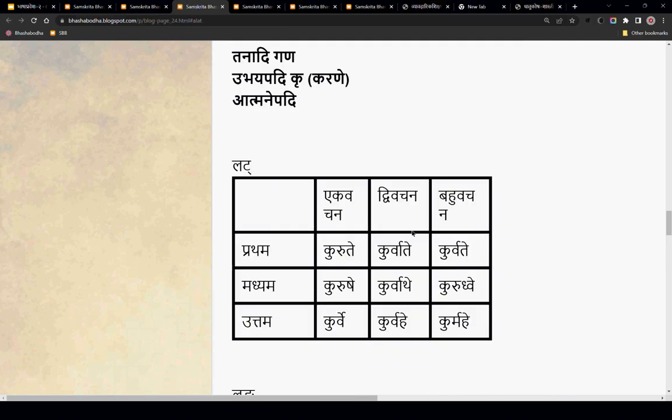Very good. Kurvate, bahuvachanam. So we have to get used to this, that at least the commonly used kriyapadas, we should start to get familiar with those forms. Kurute, kurvate, kurve, kurmahe.